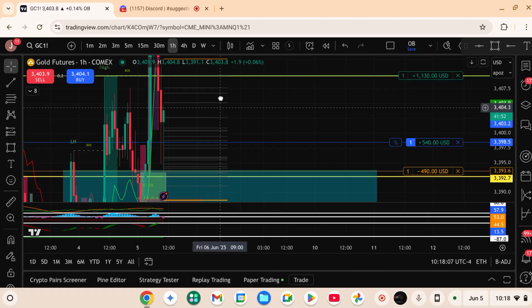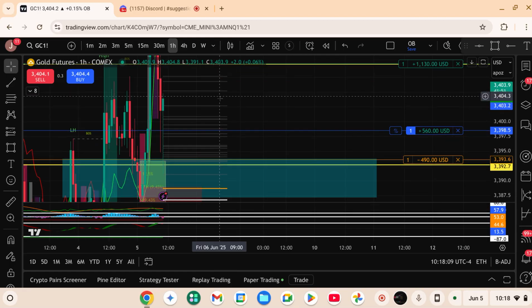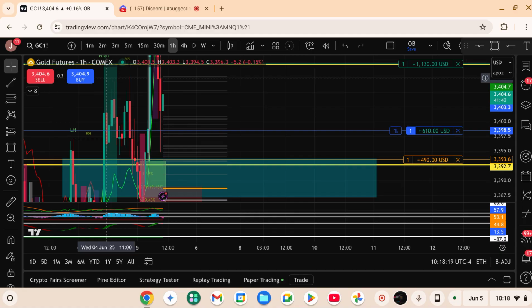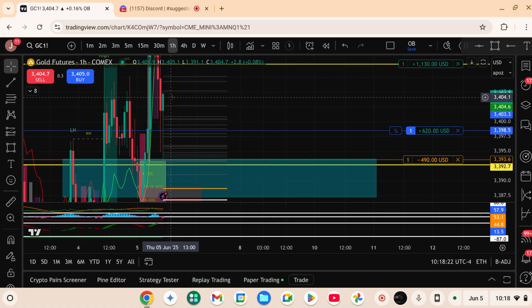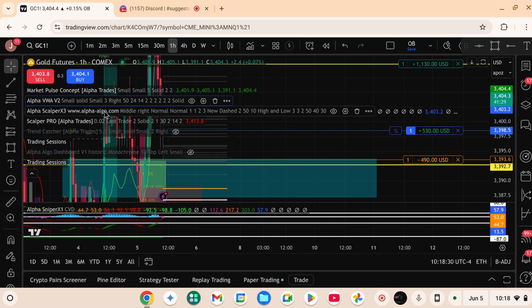Yeah, this is why I said that order blocks like this are the highest probability order blocks that you can get. You got the 1 hour that's overlapping the 5 minute, that's overlapping the 15 minute, just multiple time frames all in one. Oh yeah, I could turn those off.